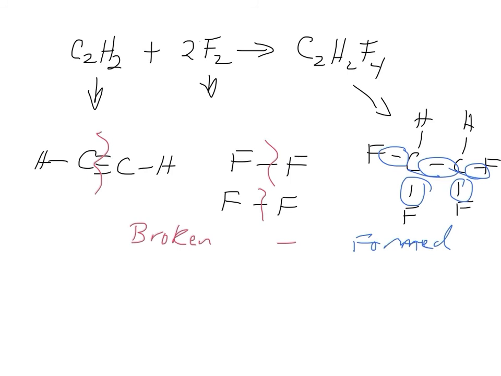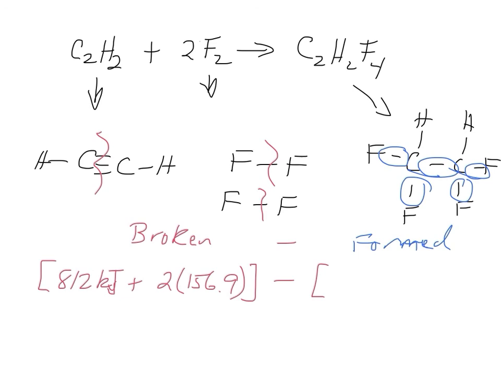So what was the energy for a carbon to carbon triple bond? 812 kilojoules. Plus, now I've done 2 fluorine to fluorine single bonds. So 2 times 156.9 minus the number of them formed. So I made 1 carbon to carbon single bond.